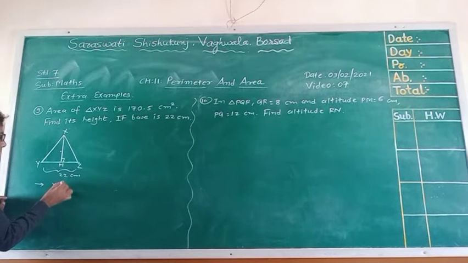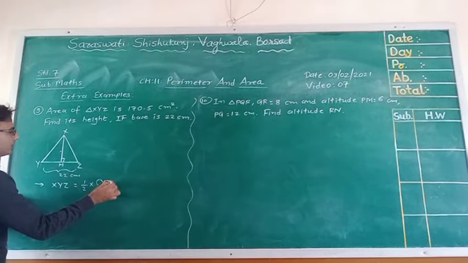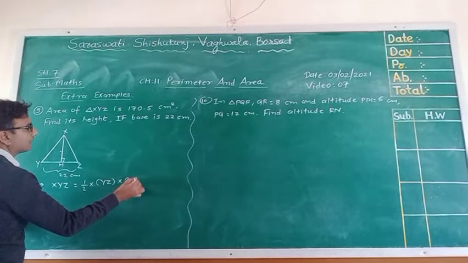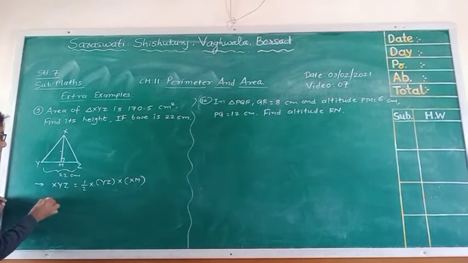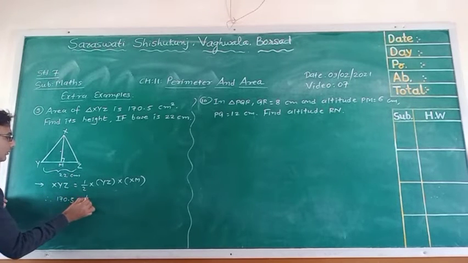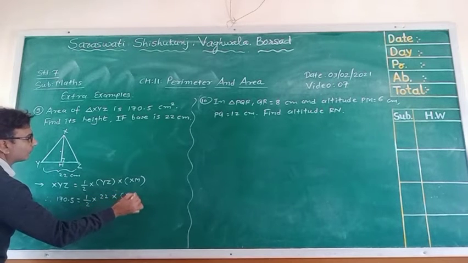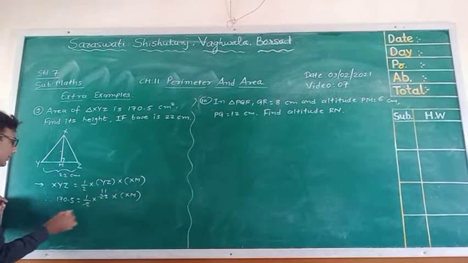Simple. XYZ area equals 1/2 base, meaning YZ, and height meaning XM. XYZ area is already given, 170.5, equals 1/2, YZ is 22, and XM we want to find. 11 twos are 22.